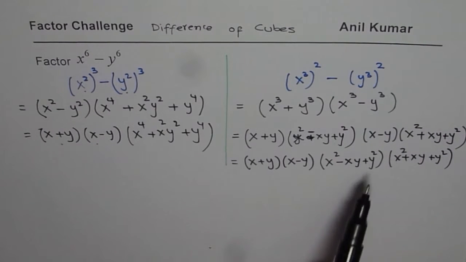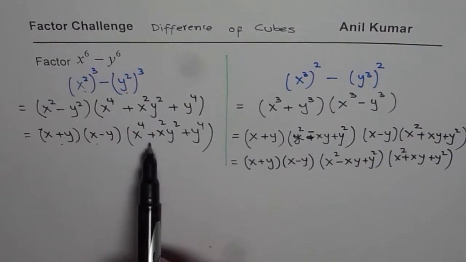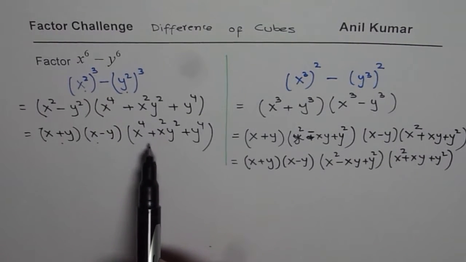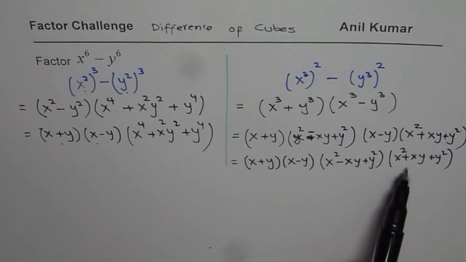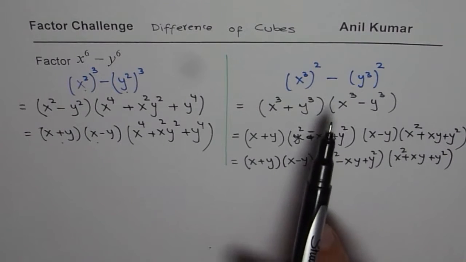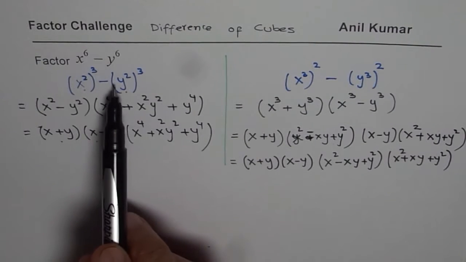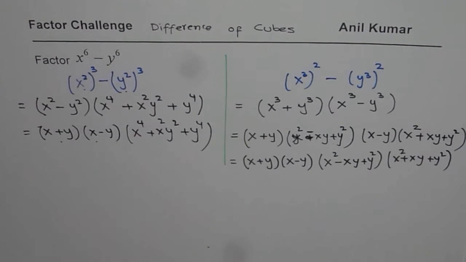As you can appreciate, these two terms, when you multiply, you'll actually get that term, right? So from here, what we can say is that if you adopt this particular method, you actually get these four factors, and if you adopt the first method, you get these three factors.